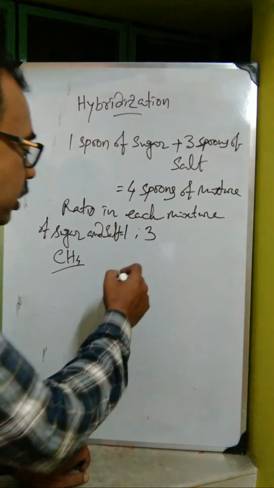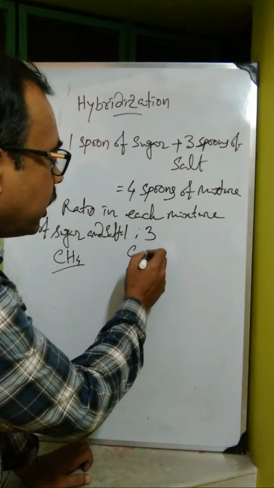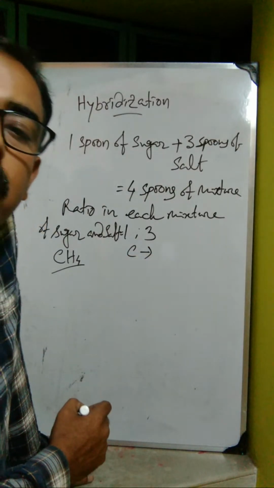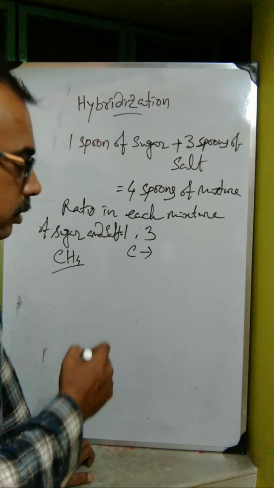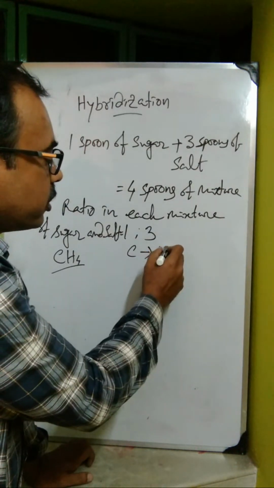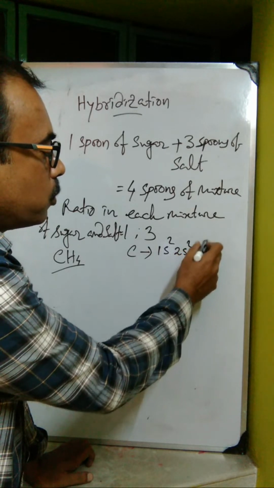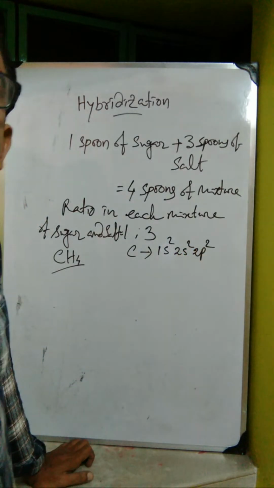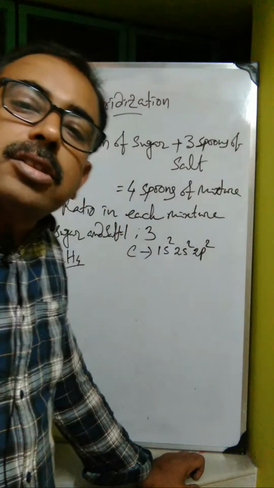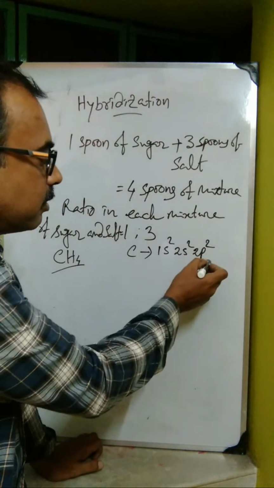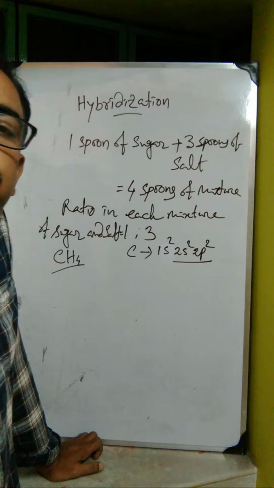Now, the electronic configuration of carbon: carbon has the atomic number of 6, so the electronic configuration is 1s2, 2s2 and 2p2. The outermost shell is the second shell, and the total number of electrons in the second shell is 4.